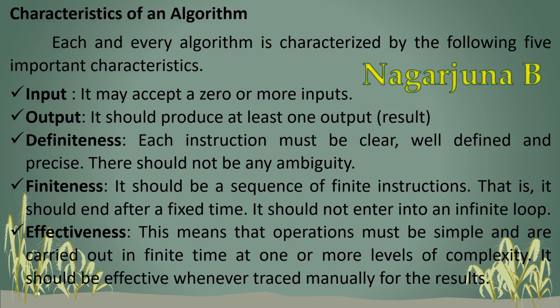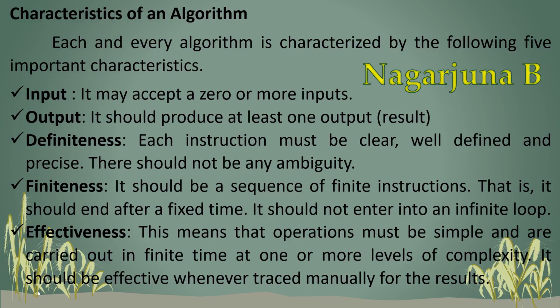Each time the algorithm is executed, it should produce the result in finite time, and even if the level of complexity rises, it should still provide the result within finite time. The operations you have written should be simple and give the answer within finite time. And the algorithm should be effective whenever traced manually for the result.